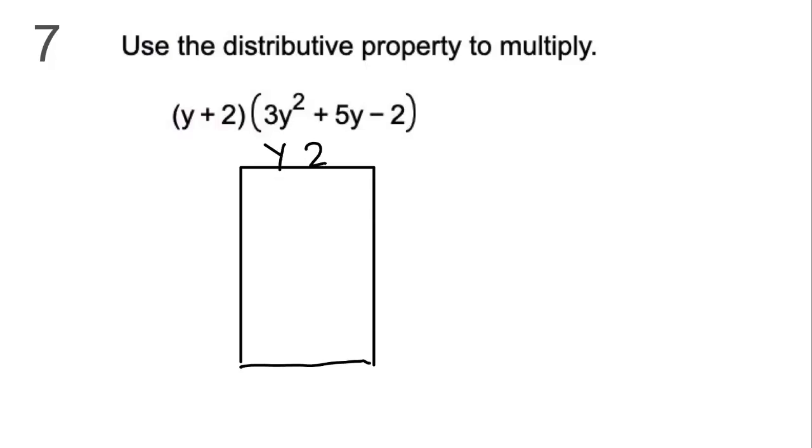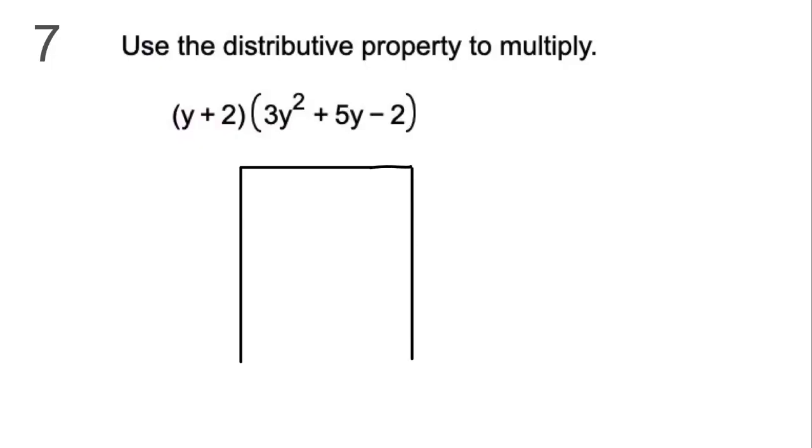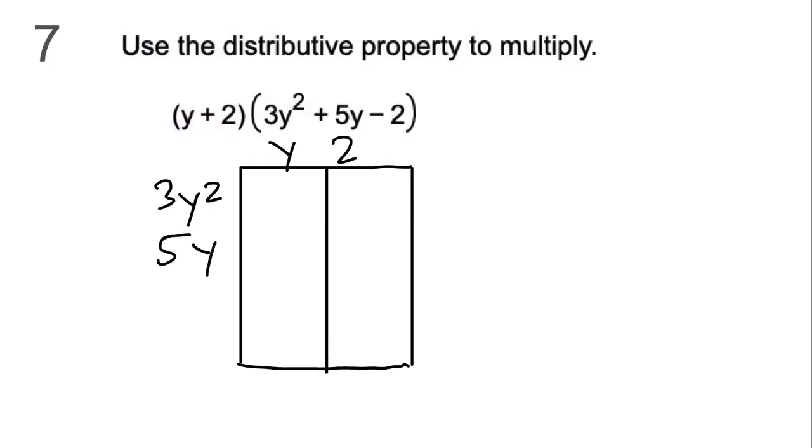So (y + 2)(3y squared + 5y − 2). So this is a 2 by 3.